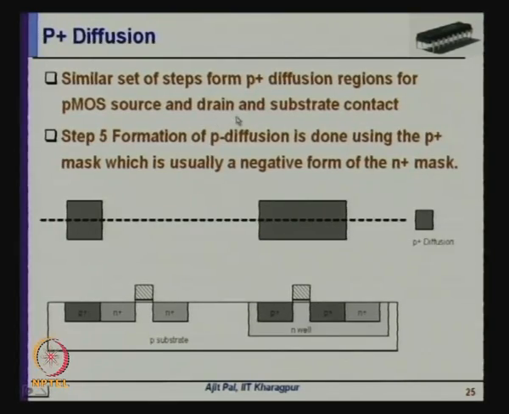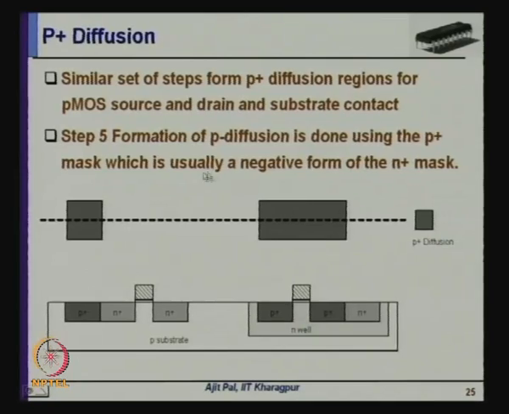The only difference is that the dopant type will be different, and the formation of P diffusion is done using the P plus mask, which is usually a negative form of the N plus mask, because where you create the NMOS transistor, you will not create the PMOS transistor. So these two are of opposite type, a negative of the N plus mask, essentially to save the cost of making the mask.